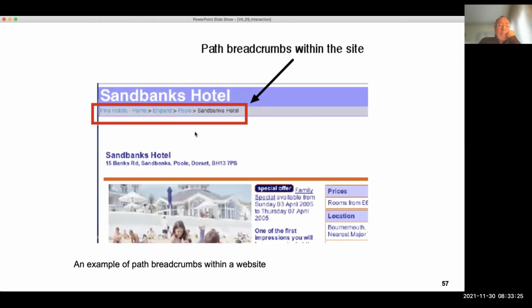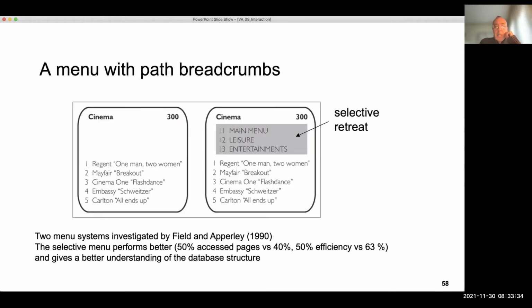But what amazes me now is that this idea is implemented in any browser, basically, yet in menus it is still a research activity done a long time ago, 30 years ago, where we had 50% improvement. It improves your interaction, but no one is implementing it.